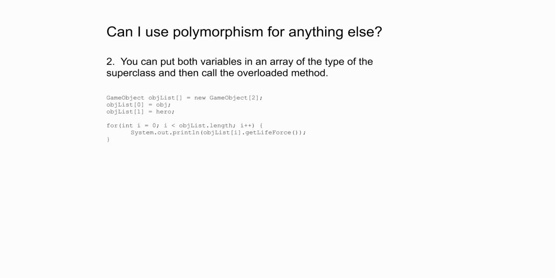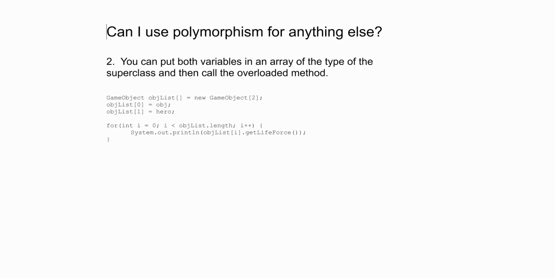So when I call getLifeForce, does it print out the OBJ version for the object, the hero version from the hero, or does it print the getObject version for both of them because it realizes, whoa, this is an array of game objects, and it invokes that because they're all game objects? So that's the question. How does it know which method to invoke?